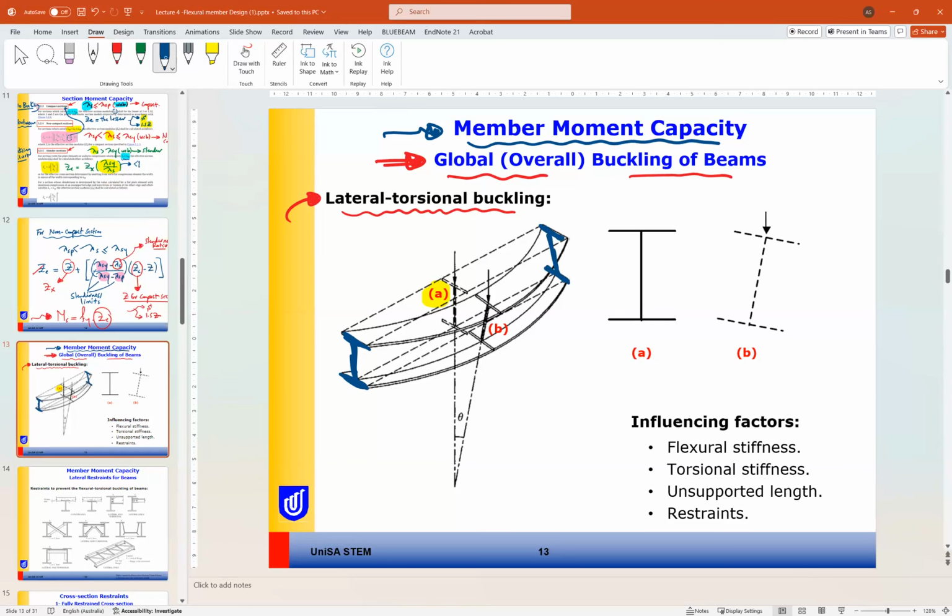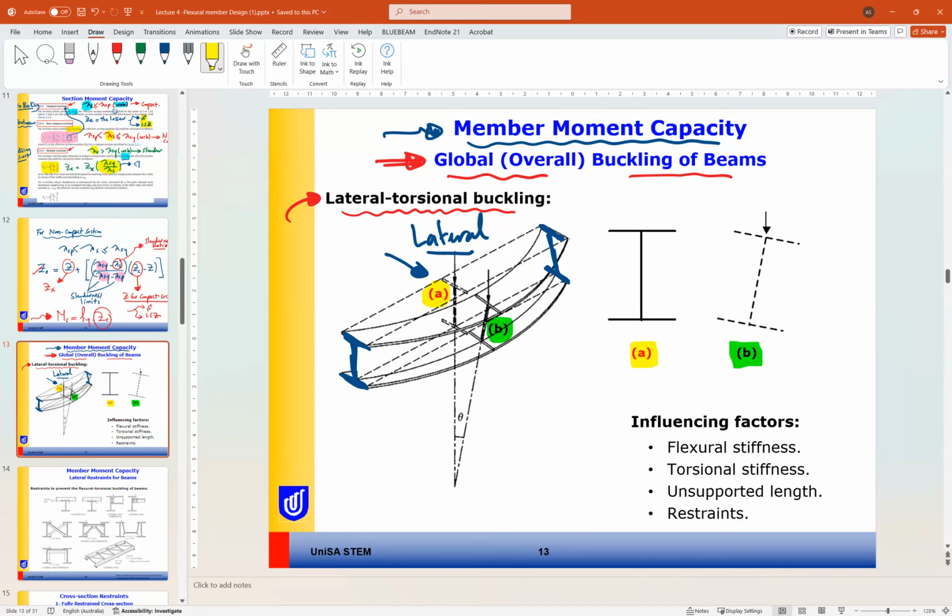So due to that, the beam has moved laterally to position number B. So position A is the original position. Position B is after buckling. So can you see how the lateral torsional buckling affects the beam?